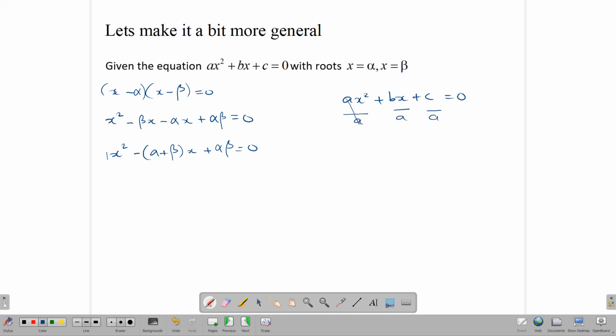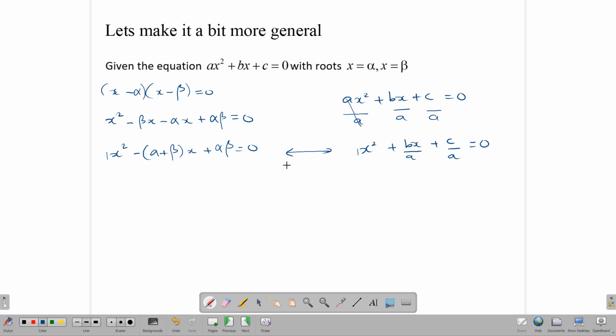If we divide that equation by a, then what we get here is x squared plus b over a times x, plus c over a, equal to 0. Now these two equations are directly comparable. So we have an x squared here, we have an x squared there, and then we have minus alpha plus beta here, x, and b over a x.